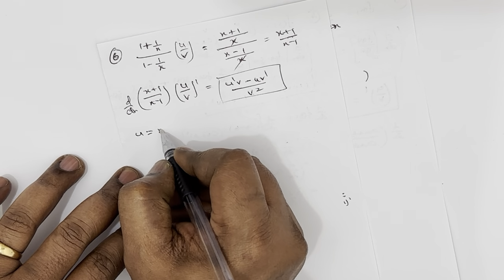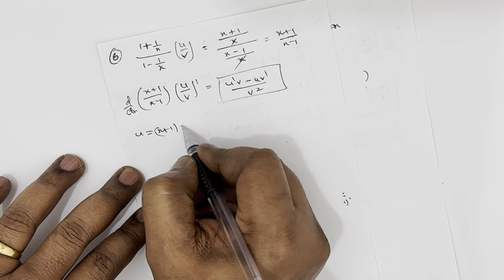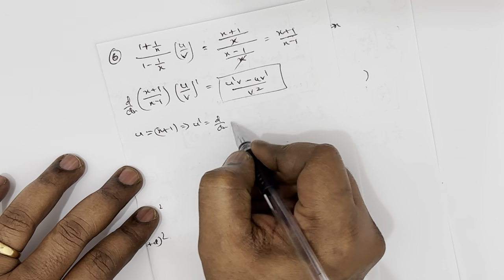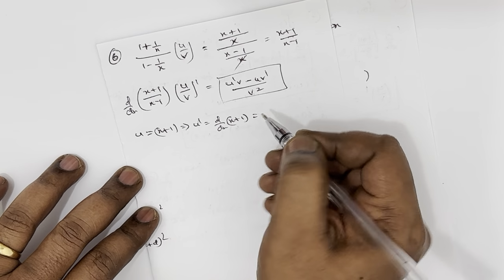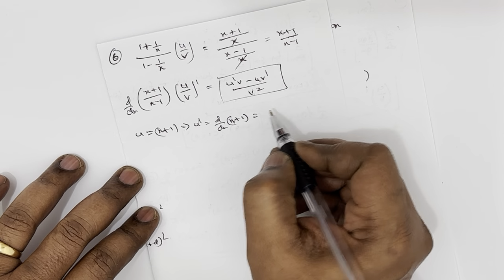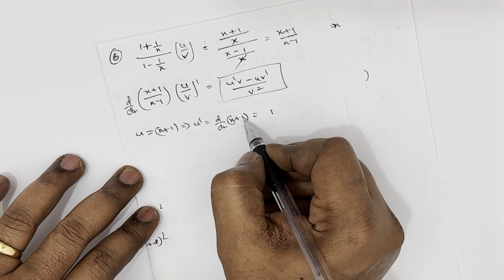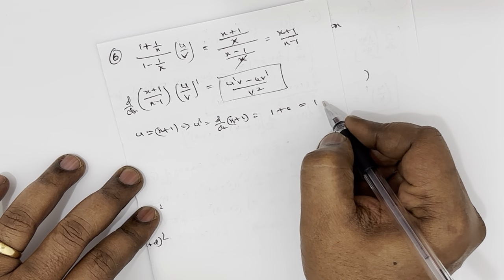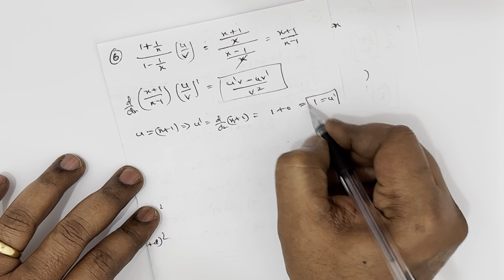Okay, u is equal to x plus 1, which implies u dash will be the derivative of x plus 1, which will be, now see, the derivative of x will be 1 and the derivative of 1 will be 0, because it's a constant, so you have 1. Okay, this is u dash.